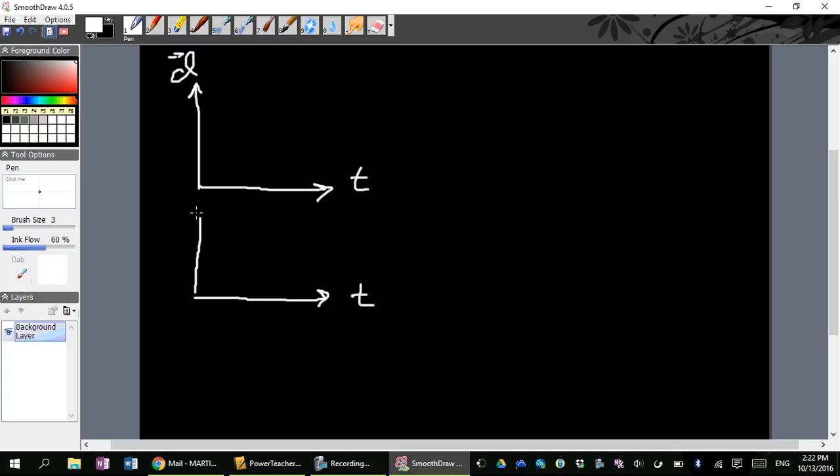Okay. Sorry, because I changed my up and down. So displacement, this time. Acceleration.